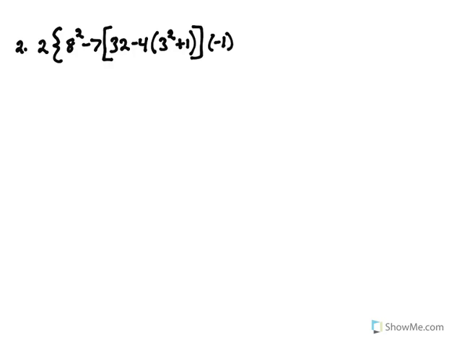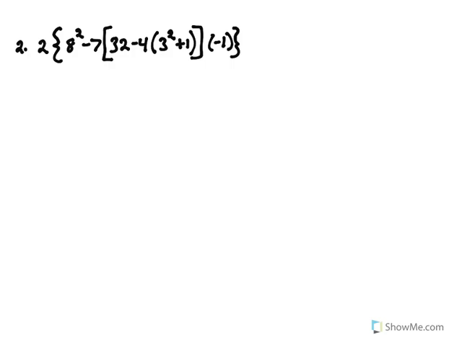And this one, we have 8 squared minus 7 in bracket 3 to the 2 minus 4 parentheses 3 squared plus 1 close bracket times negative 1 closed brace, okay?